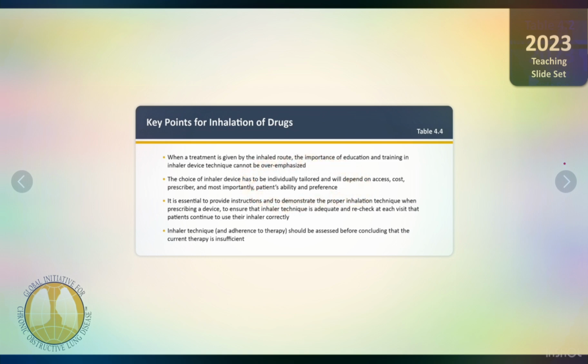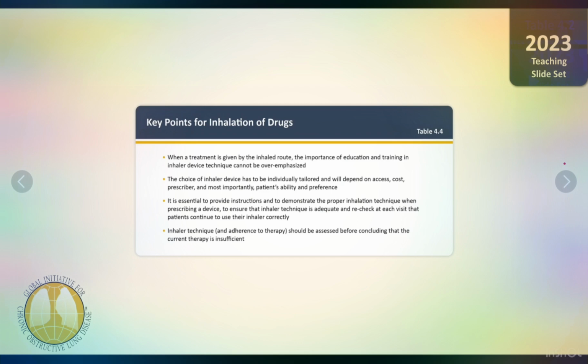So the choice of inhaler device depends on a lot of factors. The most important factor is the patient's ability and preference, what he wants to use. So that is the most important factor in choosing the inhaler device.